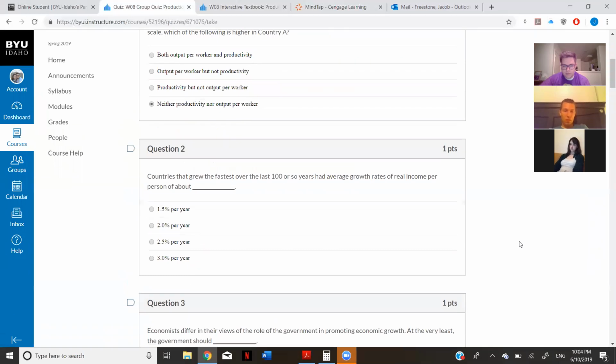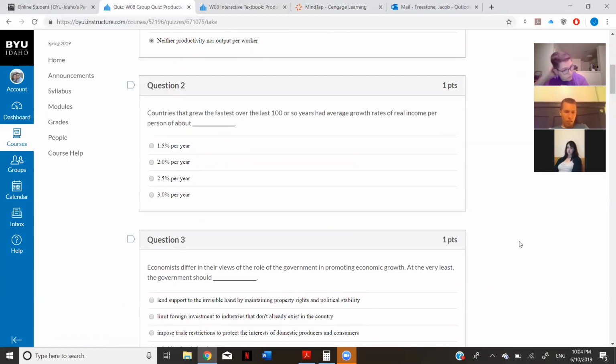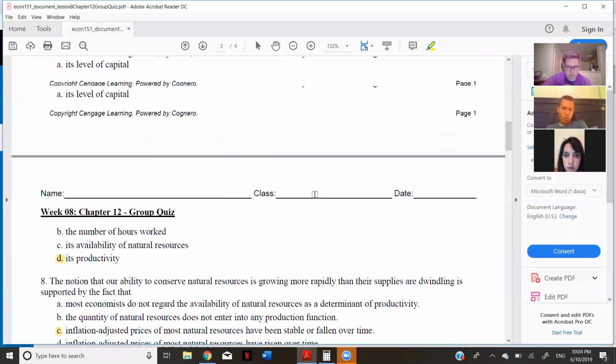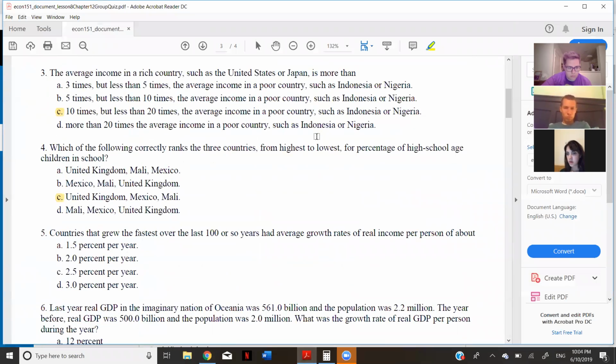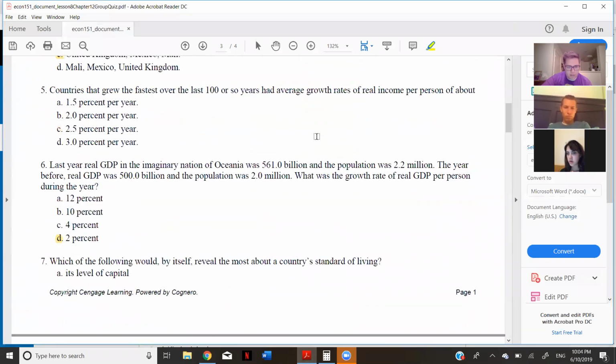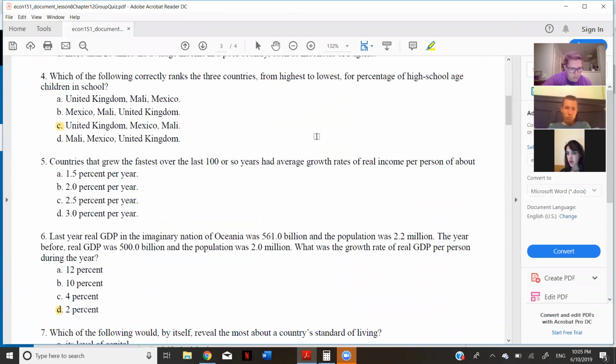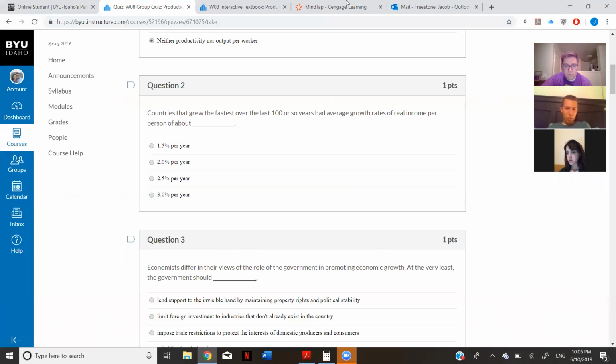Yeah. Okay. Number 2. Countries that grew the fastest over the last 100 years or so had average growth rates of real income per person of about blank. I forgot what I put on that one. Oh, I forgot to answer that one. Hold on, either C or D. I'm trying to find it.